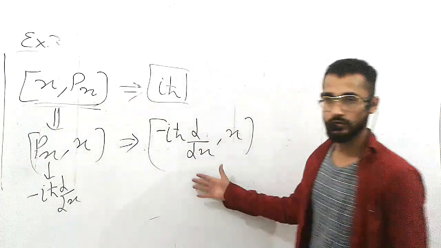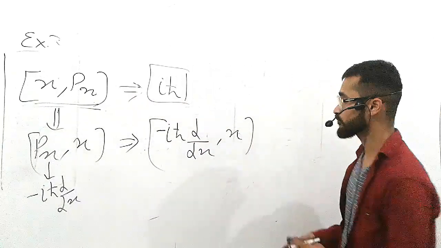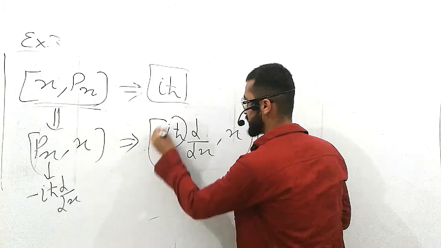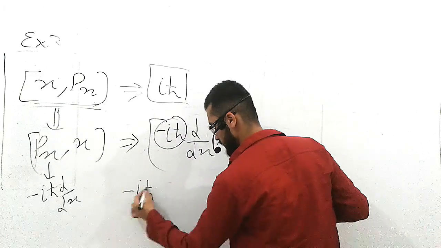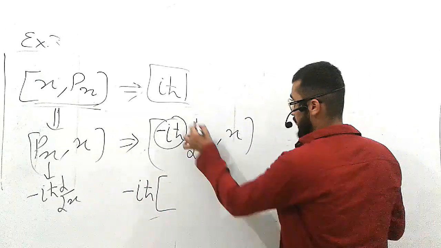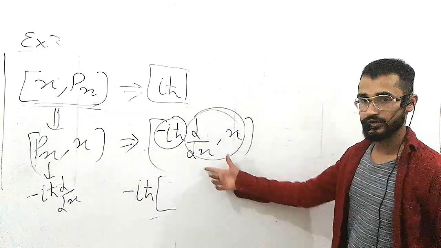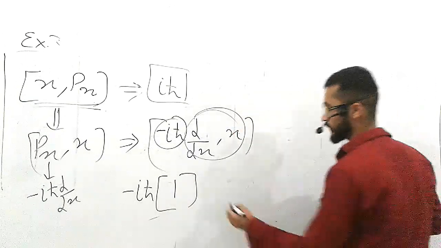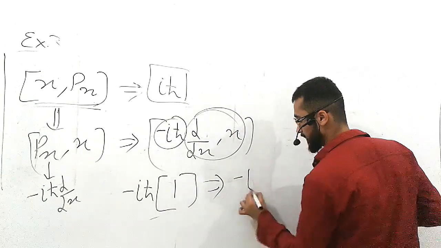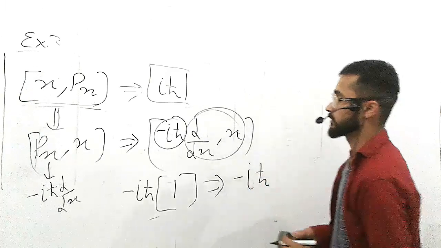So it is written basically like this. Now I will take iota h cross minus iota h cross outside the bracket, and the result of this operation is 1. So basically what I got is minus iota h cross.